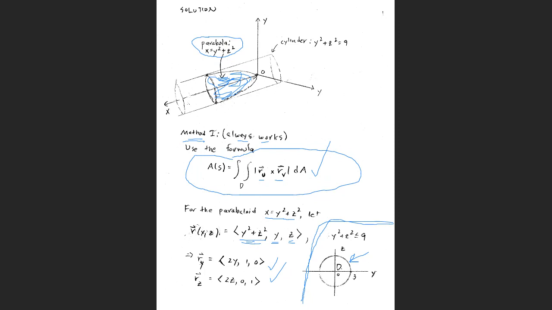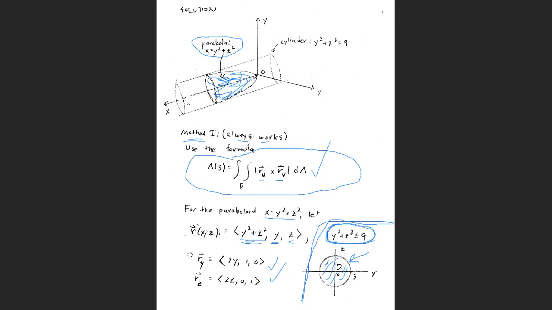In other words, region D is all of this circle up to a radius of 3. So we have parameters Y and Z, but we're saying that Y squared plus Z squared has to be less than or equal to 9.